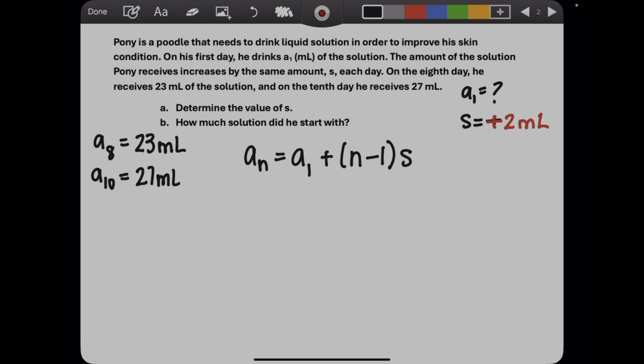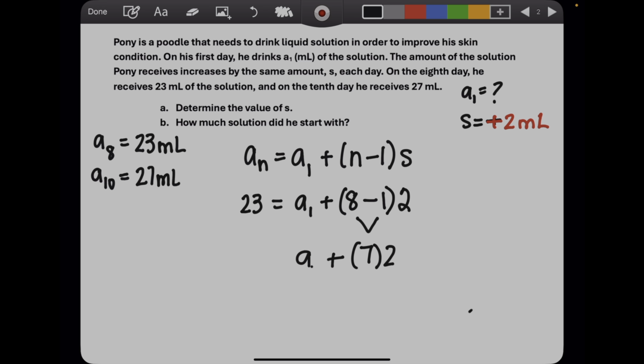So we have that our a sub 8 is 23 milliliters, of course, equals a sub 1, which is our current unknown, plus n minus 1, where n is 8, representing the 8th day, times our common difference, which we just calculated, is 2. And then by order of operations, we continue to solve. 7 times 2 equals 14.